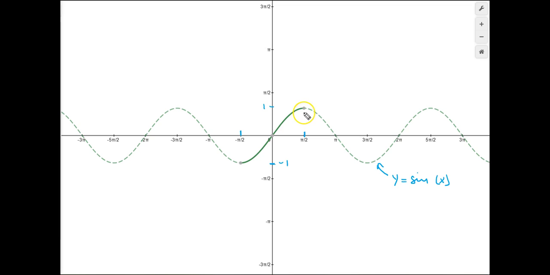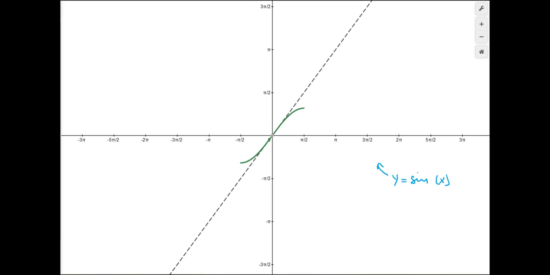And so if we take this graph and flip it about the main diagonal, we get the graph of our inverse sine function. So there's the main diagonal, and let's get rid of the rest of the sine function.